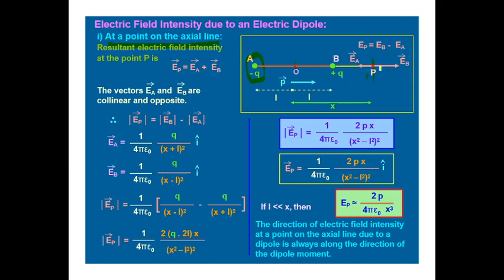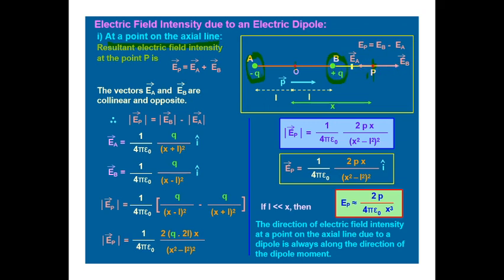So EB means the electric field due to the positive charge, and it is directed away. So the two fields at point P are: due to the negative charge minus q, toward the charge, and due to the plus q charge, away from the charge.